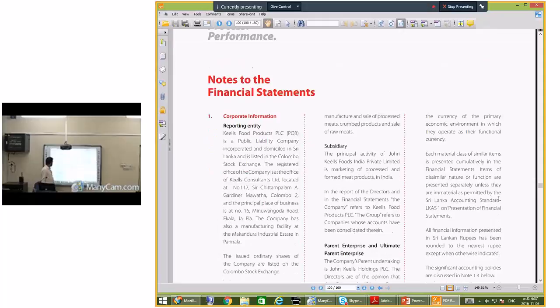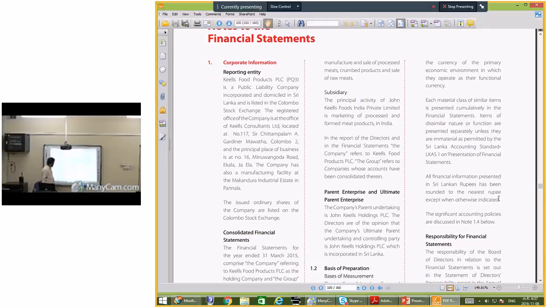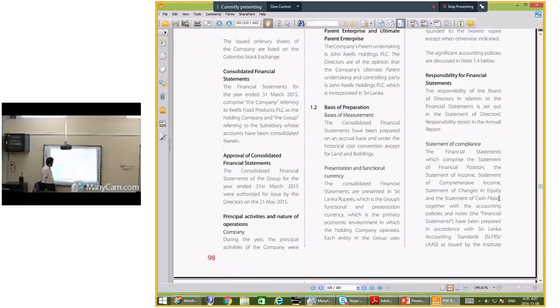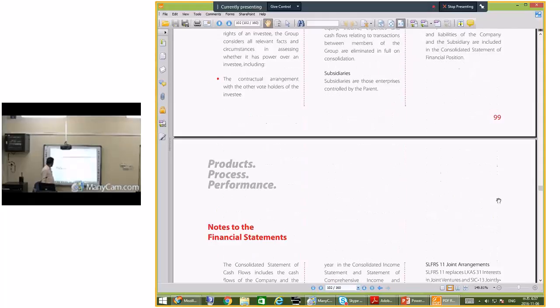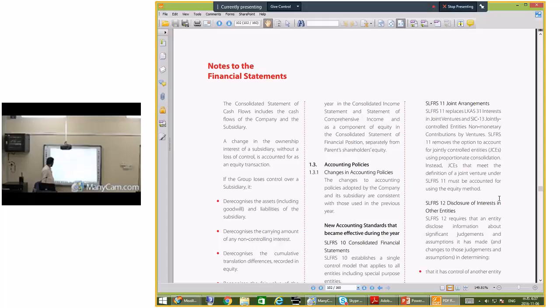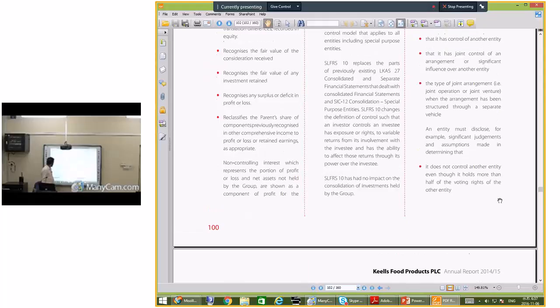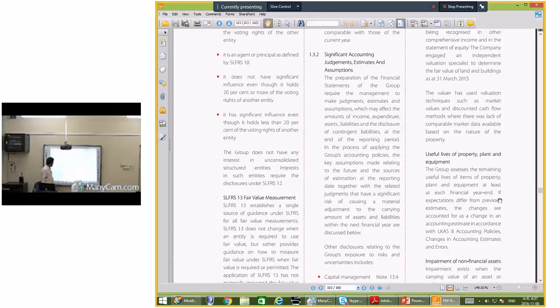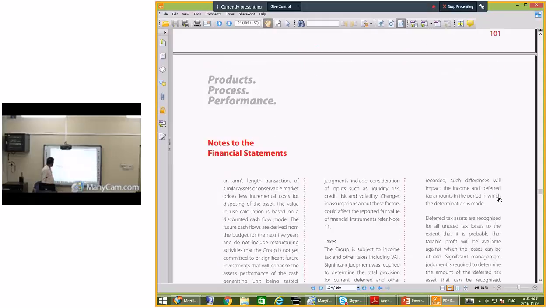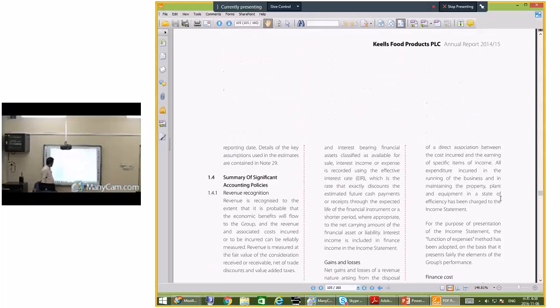Then notes to the accounts, notes to the financial statements. Here you can see the basic policies and details, and other accounting policies applied, relevant Sri Lanka financial reporting frameworks or standards, taxes and other adjustments, employee benefit liabilities, other descriptions here.